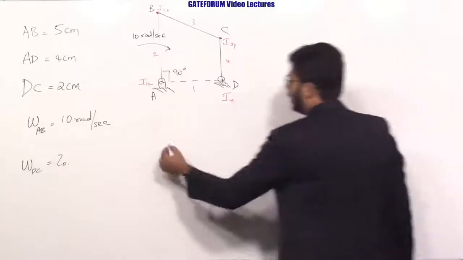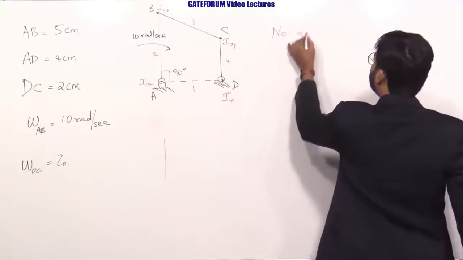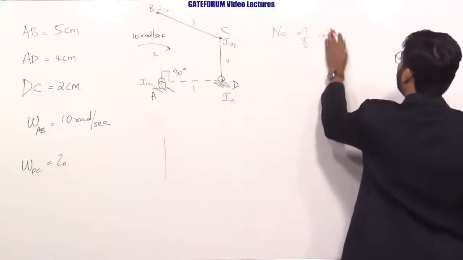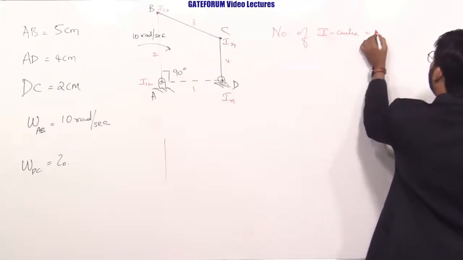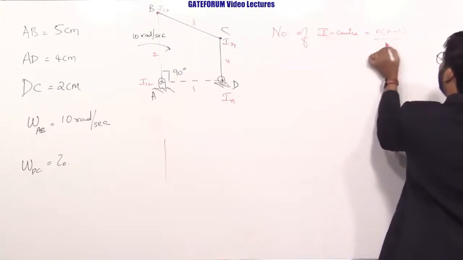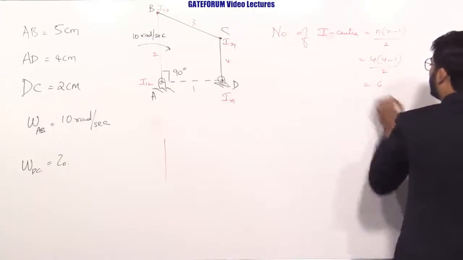The number of instantaneous centers is n into n minus 1 by 2, so 4 into 3 by 2, that is equal to 6.